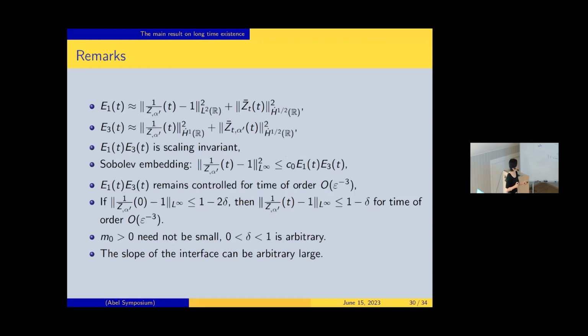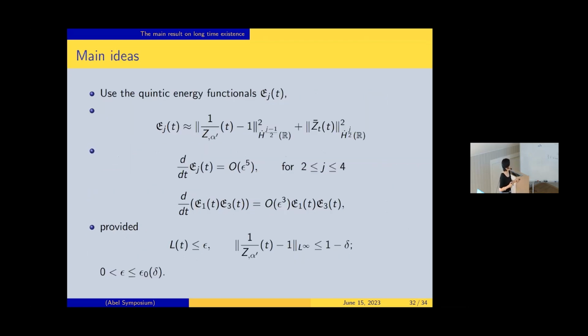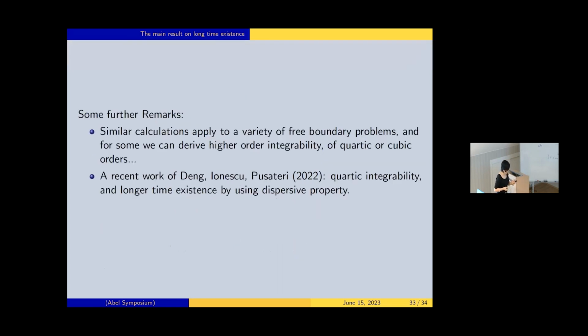This quantity being strictly less than 1 means that we are only dealing with graphs. The main idea of the proof is just using this quintic vanishing sequence, because this E_j controls these homogeneous Sobolev norms. dE/dt is of order epsilon to the 5. We actually only use j between 2 and 4. And dE/dt of this also satisfies this, for the system. This is how we prove the result.